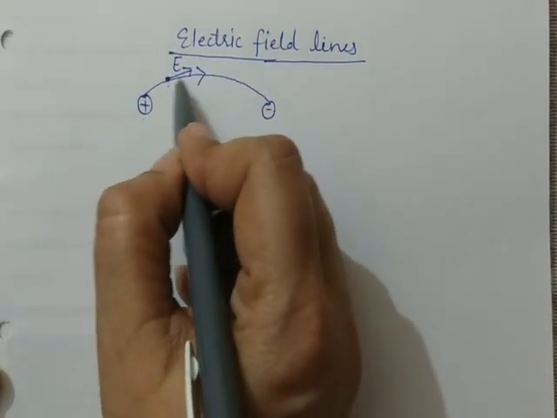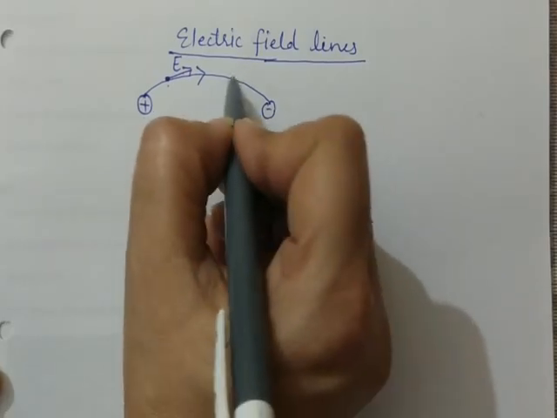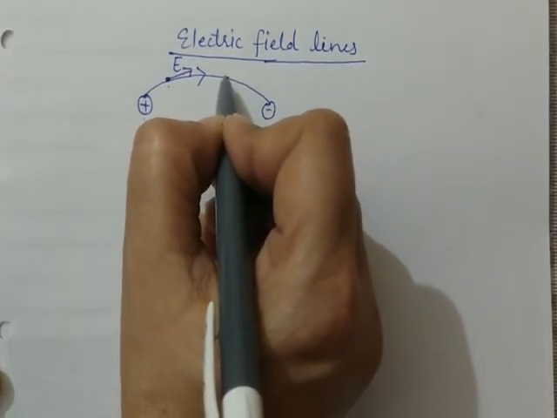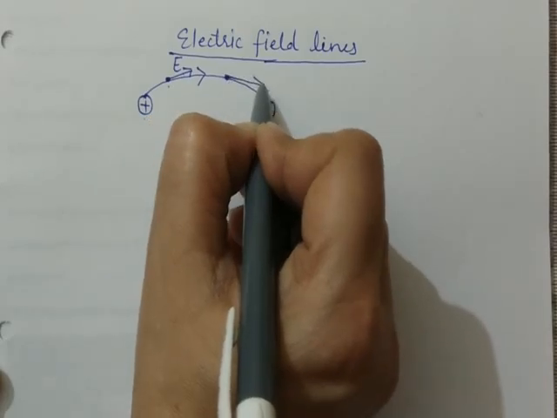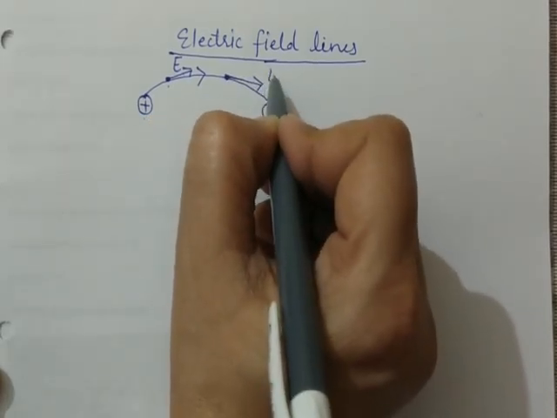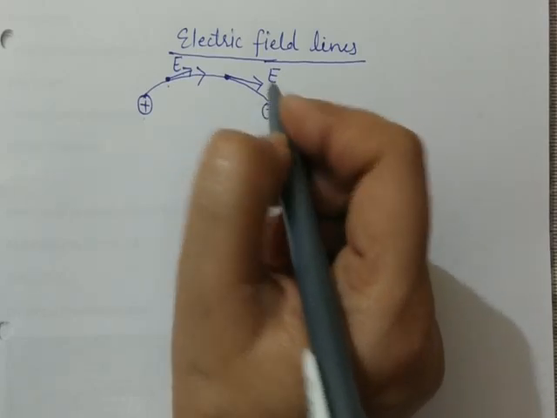So the shape of the curve is such that at all the points on the curve, tangents drawn give the direction of the electric field at that point.